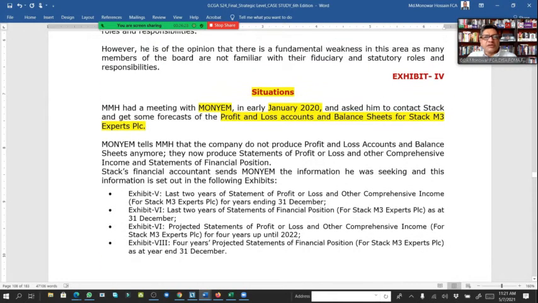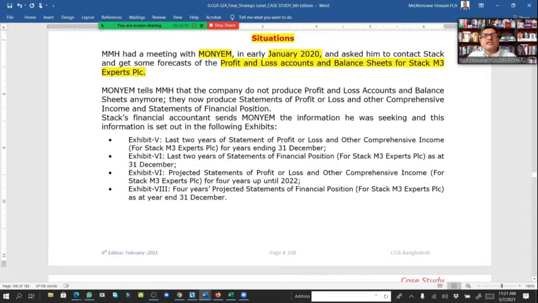That means another company now produces a statement of profit and loss account and comprehensive income, statement of financial position. A tax financial account was sent to Mr. Munim. The information he was seeking is set out in the following exhibit.